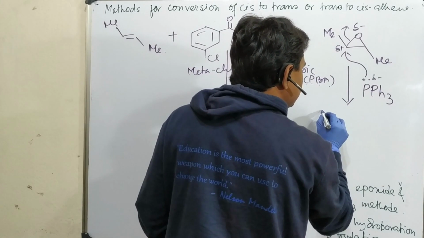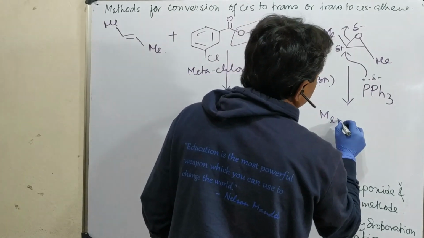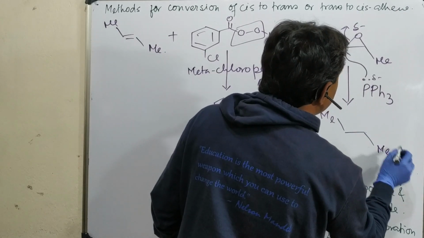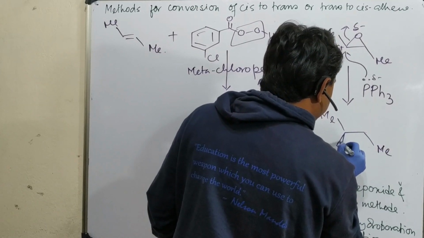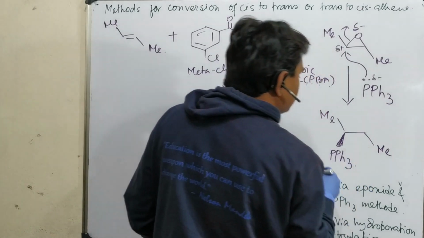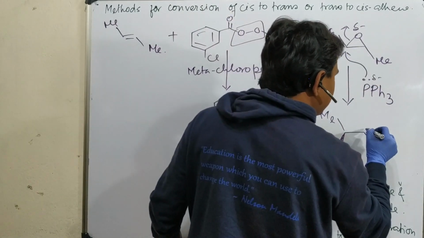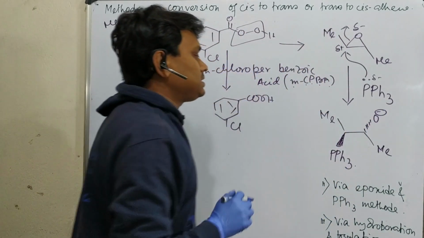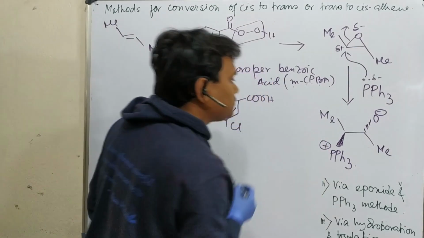So what does it produce? It produces this. This is the methyl. Let's consider this PPh3 is in the front, so the O minus should be in the back. Now PPh3 has a formal positive charge on it.